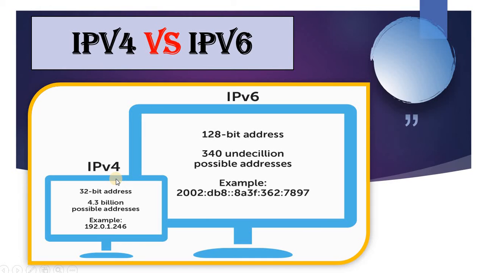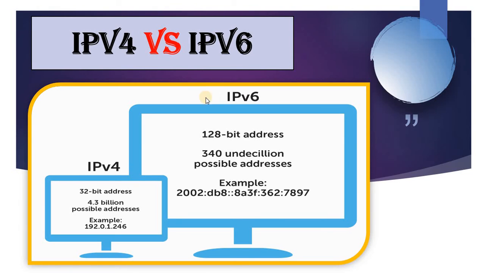IPv4 was superseded by IPv6. Why? Because when the number of devices connected to the internet increases, then we need another system. We need a more powerful system which can carry the load of devices on the internet.